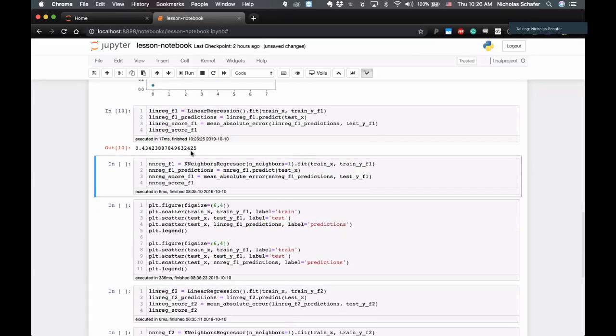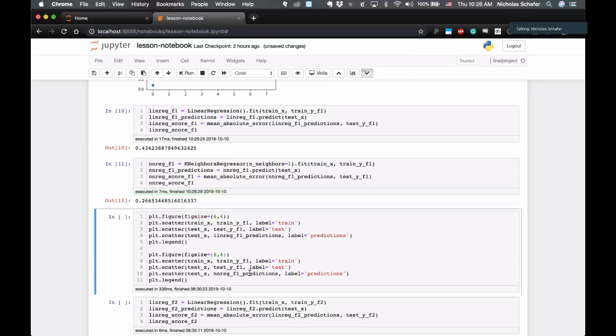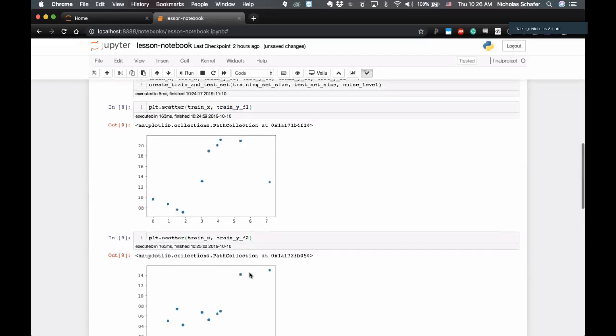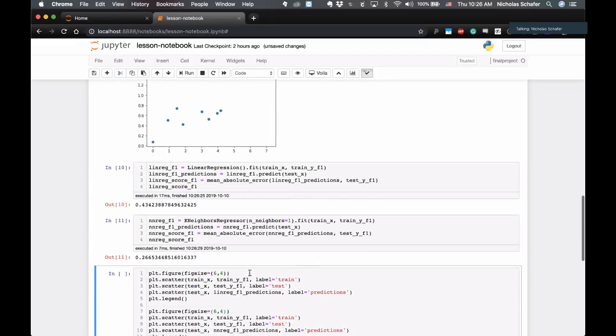So 0.43 for the linear regression, and 0.266 for the nearest neighbors regression. So again, this was for F1. So given that this is the mean absolute error, which of these two models fit better?